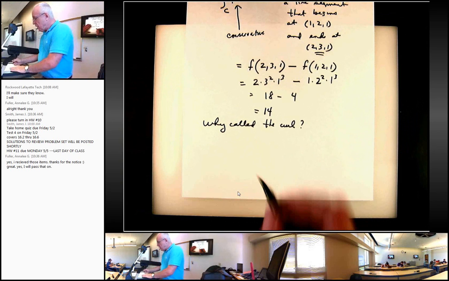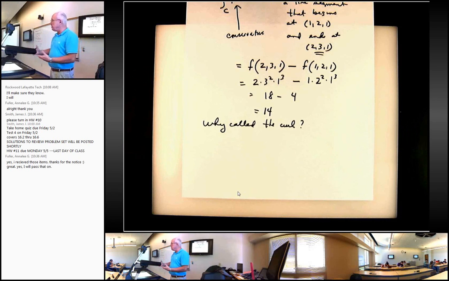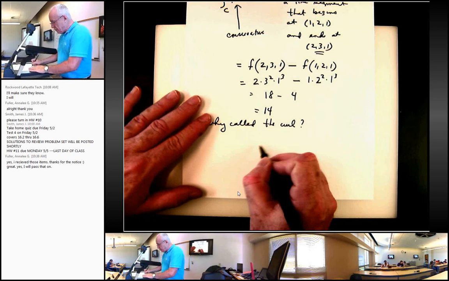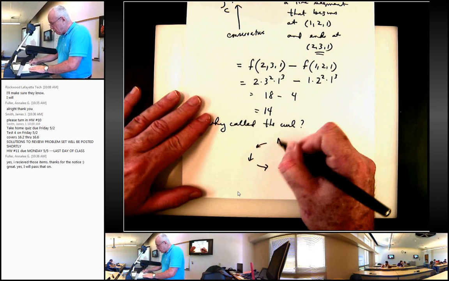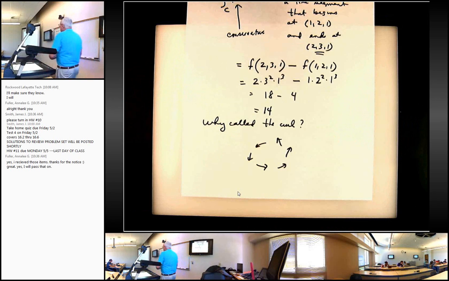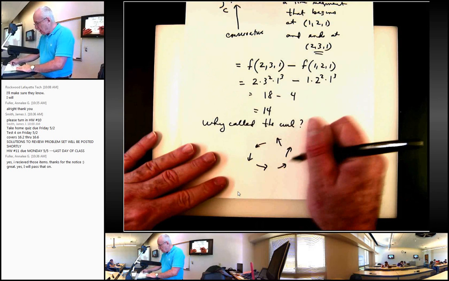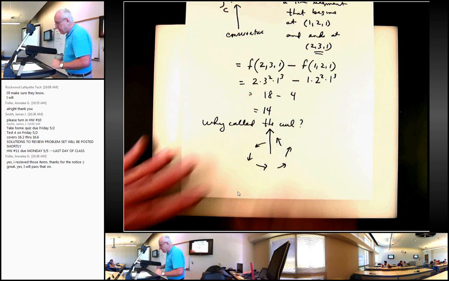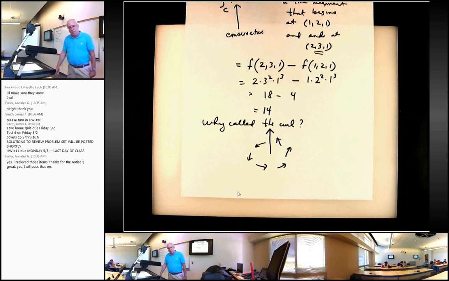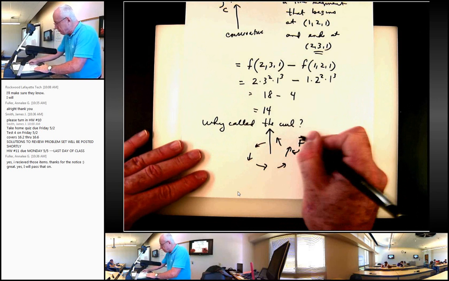Say our vector field represents airflow or fluid flow or something like that. So we've got a vector field that's moving like this, for instance. This is our F, our underlying vector field.